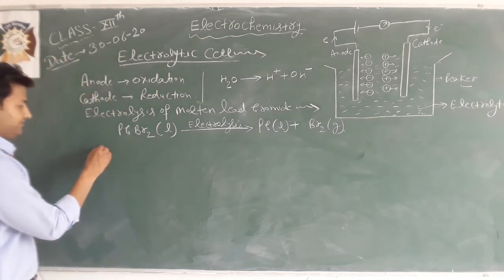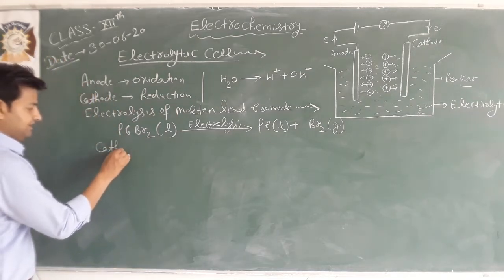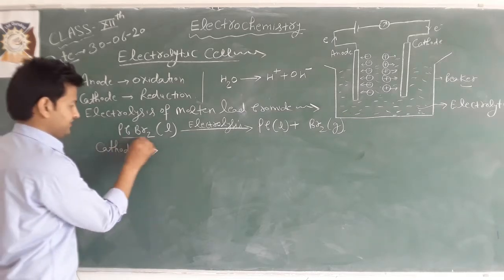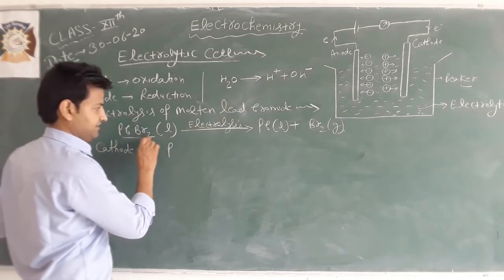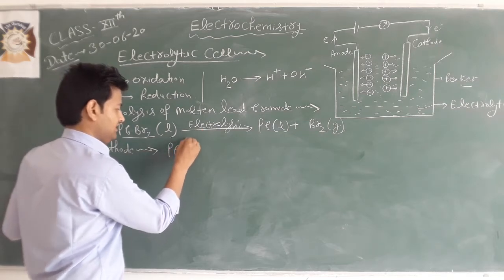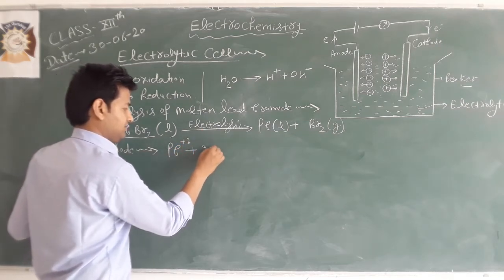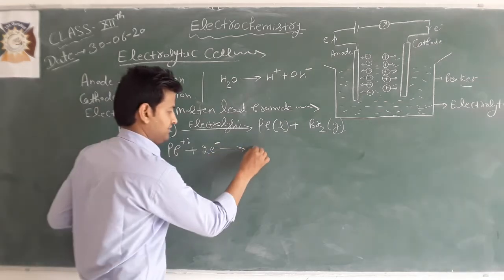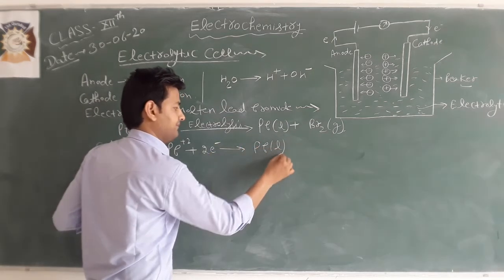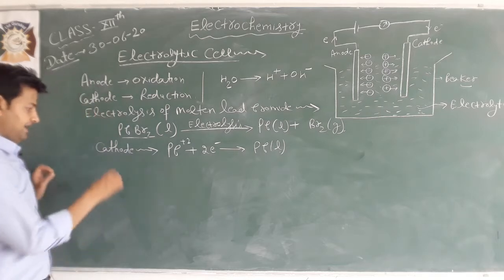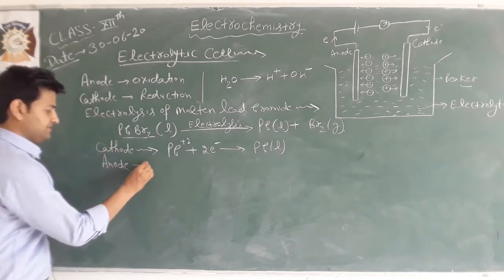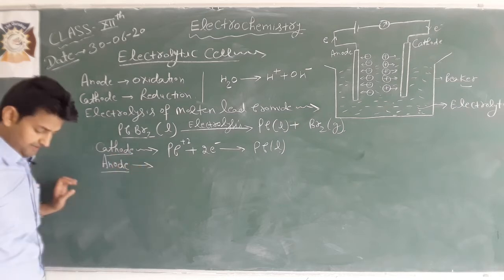At the cathode, reduction will occur. When electric current is passed, it will break down into the lead ion. The lead ion gains 2 electrons, undergoes reduction, and converts into lead. Clear? At the anode, 2 types of changes take place.